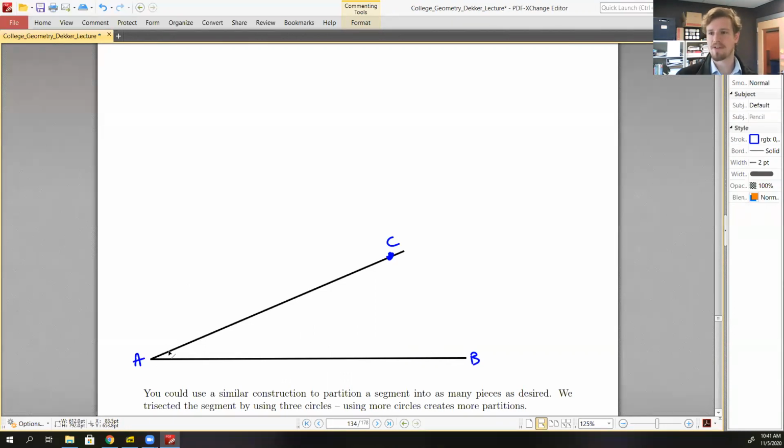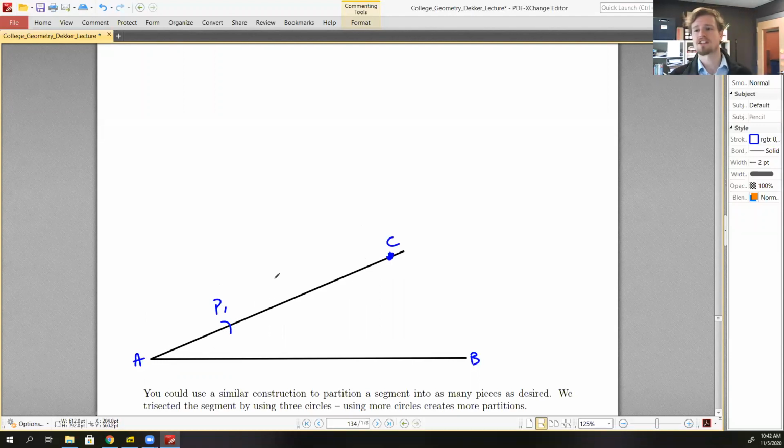And the circles should have a radius such that I can fit the appropriate number on this new line that I've drawn. So I pick some radius and I draw a circle centered at A, and of particular interest is where it intersects with this line. When I draw it, I find the intersection point on this line. I call that point P1.